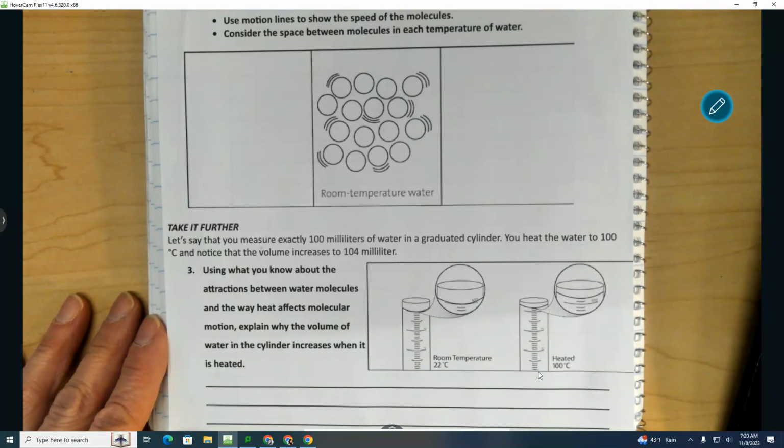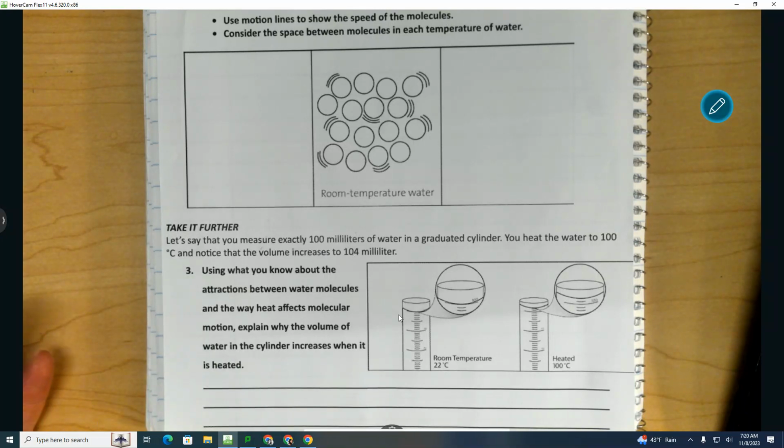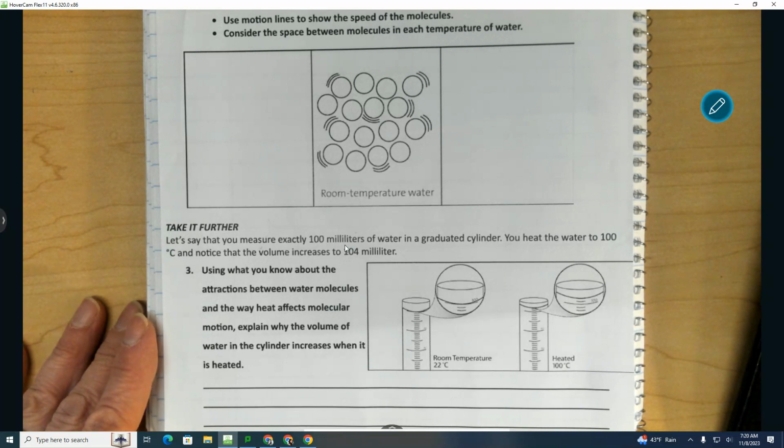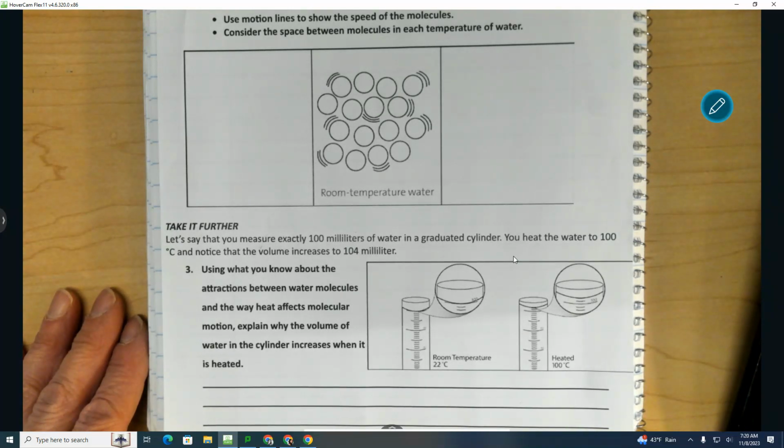You have a graduated cylinder and you measure it with 100 milliliters of water. And then you heat the water to 100 degrees Celsius and you notice that the volume increases to 104 milliliters. You didn't add any more water.